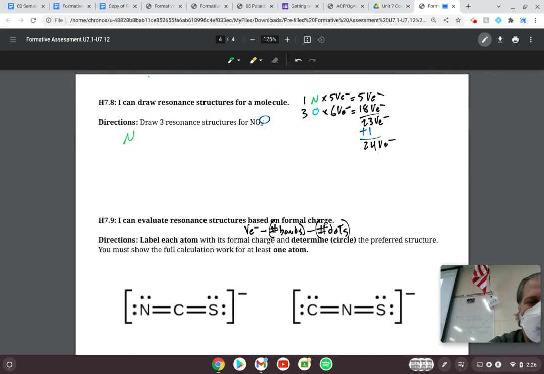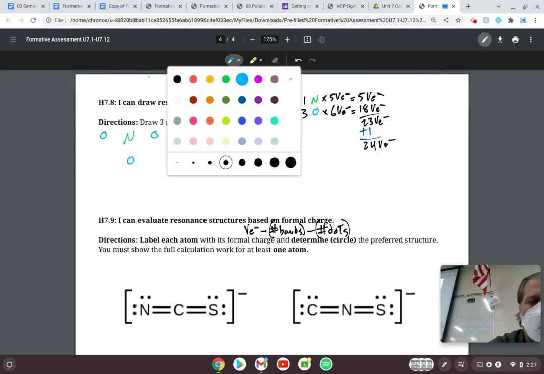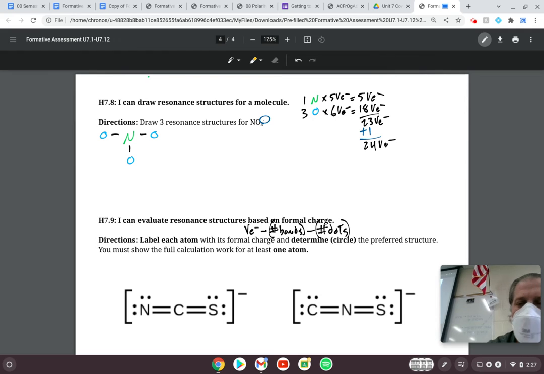I'm going to have nitrogen in the middle and my oxygens around it, and I'm going to add single bonds. When I add single bonds, I've used 6, so that leaves me with 18 valence electrons. So I'm going to go 2, 4, 6, 8, 10, 12, 14, 16, 18.